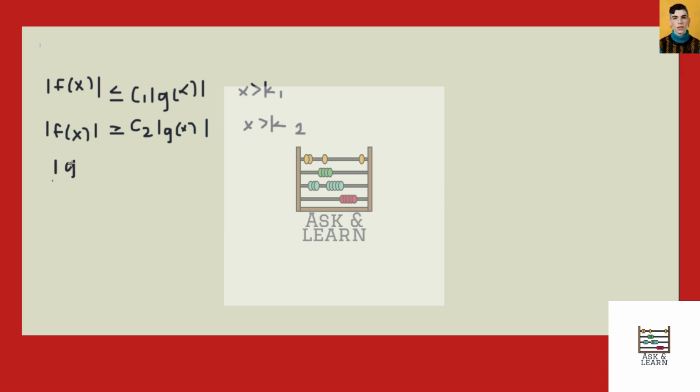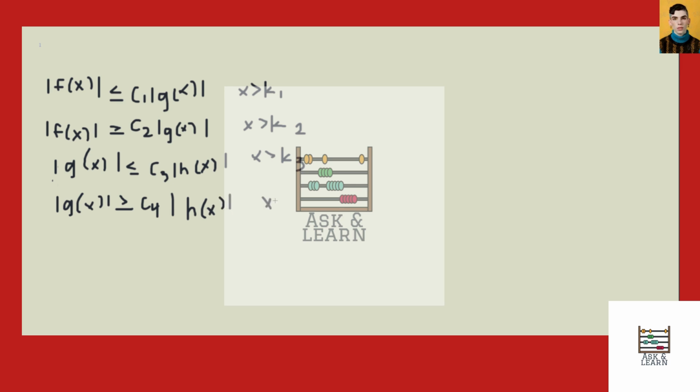This one's g of x is smaller or equal to C3 times absolute value of h of x whenever x is bigger than k3. And this one's g of x is bigger or equal to C4 times absolute value of h of x whenever x is bigger than k4.